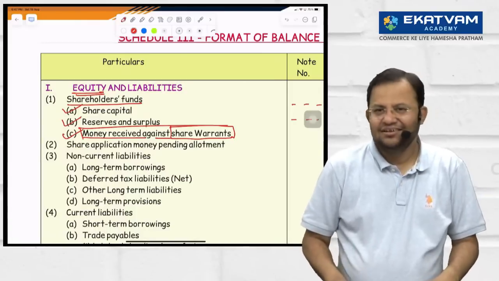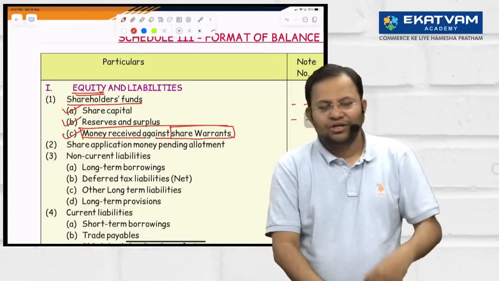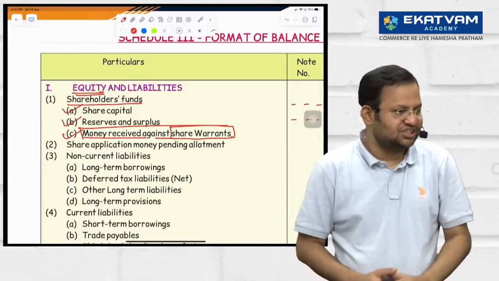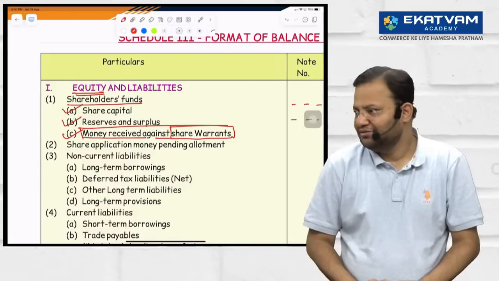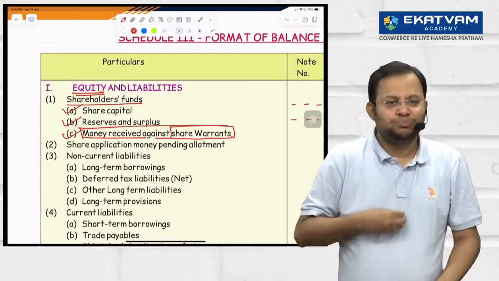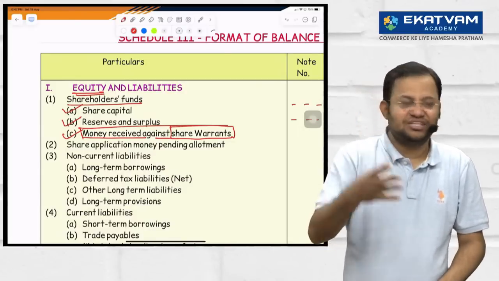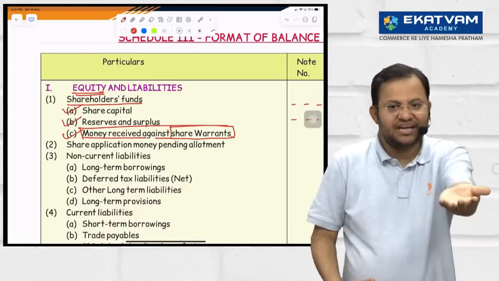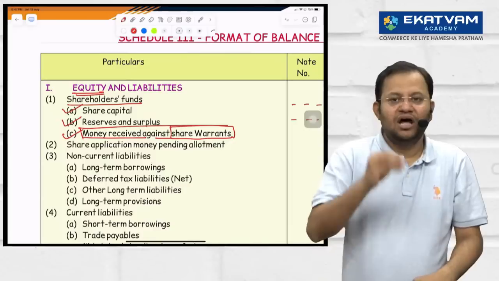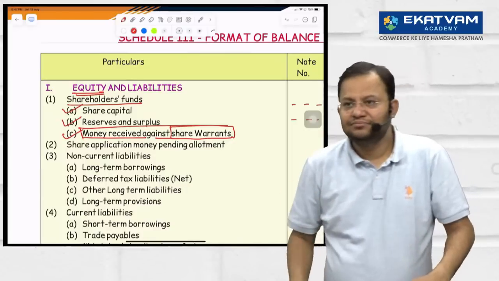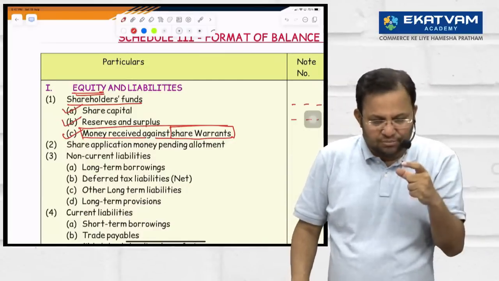This is very easy. You have issued the shares, you have received application for the shares, but as on balance sheet date you have not done allotment. For example, I made a public offer on 26 March. 26 March I received application money. I have done allotment on 3rd April. 26 March I received money.